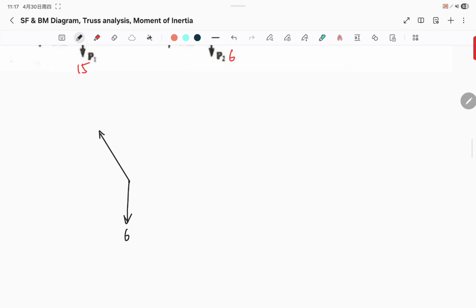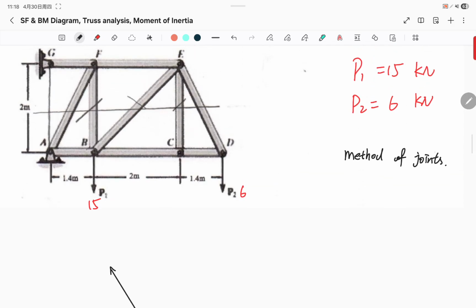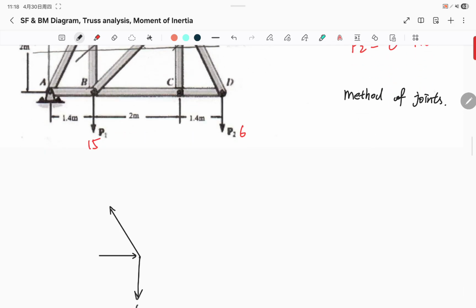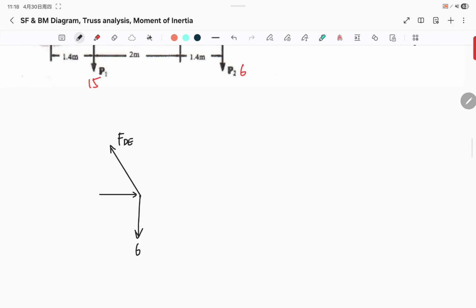And since this is going up and to the left, the remaining one I'm gonna guess is going to the right. The direction is kind of a guess, but you can make an educated guess. This force is FDE, and this is FCD.